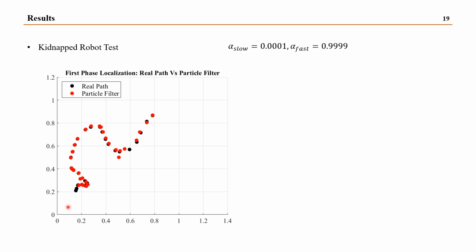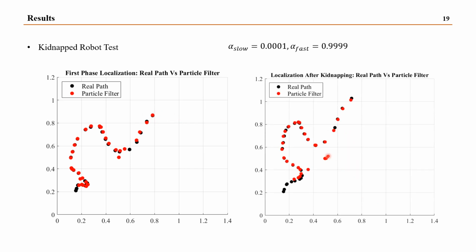You can see that the first phase was actually quite successful. The filter has completely converged. Now the second phase, you can see that at the beginning the particles were distributed quite randomly because it had detected the failure. After a few time steps, it was able to catch up with the real path and was able to converge.